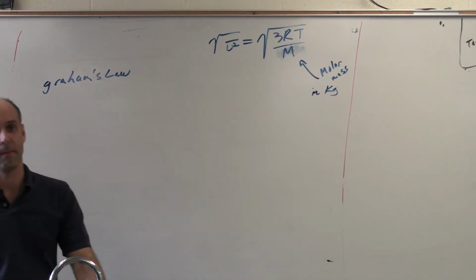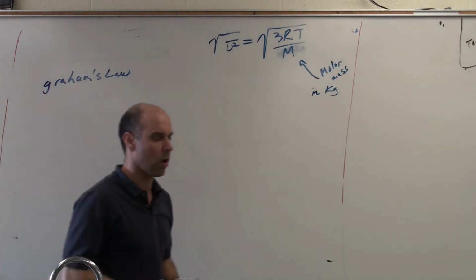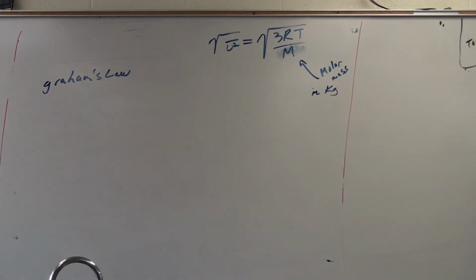Yep. So for R, do you use 8.31? Almost always you use 8.31, except for one, I'm trying to remember what chapter that was, where we had to use 0.0821. We use 0.0821 for the ideal gas law, so liters times atm over moles times Kelvin. You can use 8.31 for the ideal gas law. I thought it was the equilibrium constant.